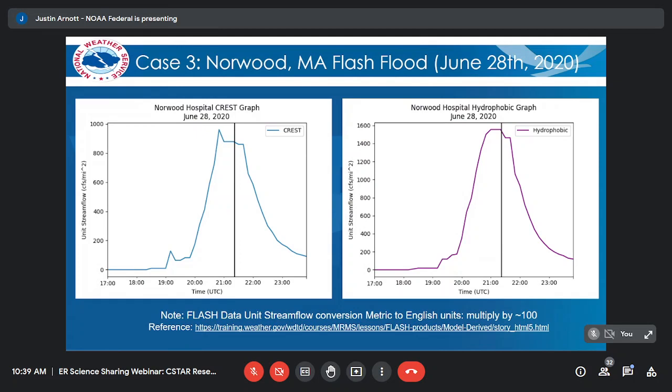Is it an area that is highly urbanized? Even though the hydrophobic model would tend to have too much of a bias, in some cases it might not be a bad idea to look at the hydrophobic output versus just looking at crests. But in this case, they both depicted that surge around 2021Z for Norwood.